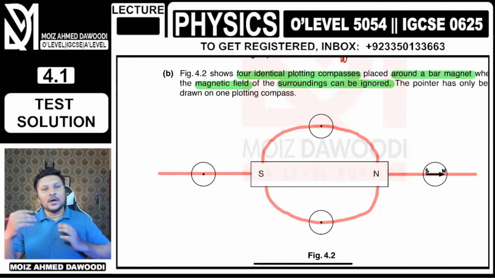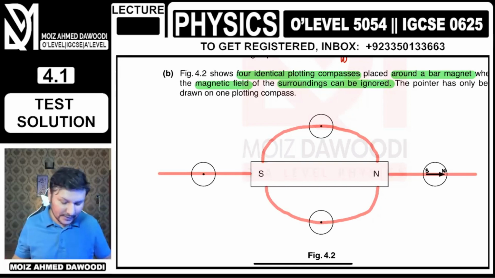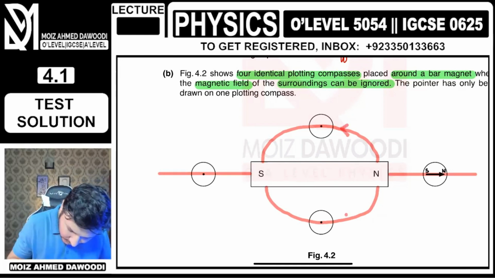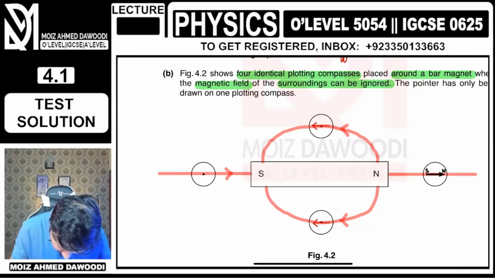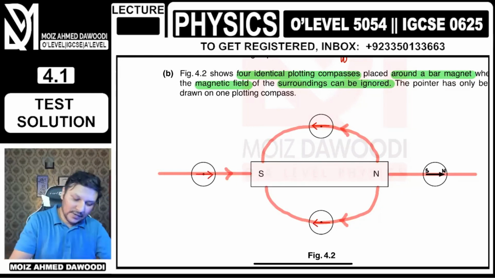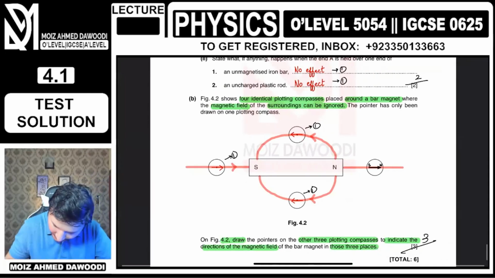We have already discussed how the complete magnetic field pattern of a bar magnet looks. According to that concept, the field lines go outward from the north and inward at the south. That way you can draw the arrows like this, through the dots. This will give you 1 mark each for positions 1, 2, 3, and that is how you get 3 marks.